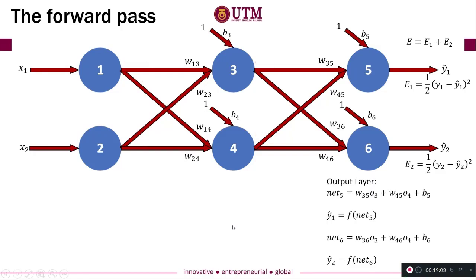So what happens at the output layer? Similar things happen there. So to find the net, when you see this example, just remember the setup there.